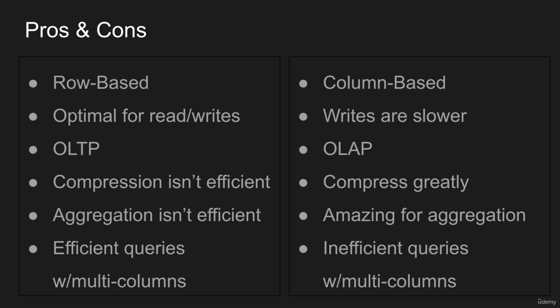That was amazing, I gotta admit. And finally, it's inefficient for queries with multiple columns. If you're asking for a lot of columns, don't go column-oriented. I know this is a little bit weird. You think that column-oriented data stores, or columnar, will be great if you're asking for a lot of columns. Nope, they are the worst with this stuff.